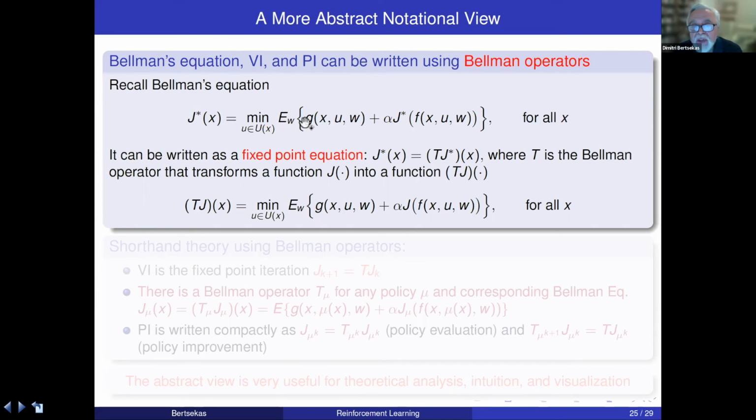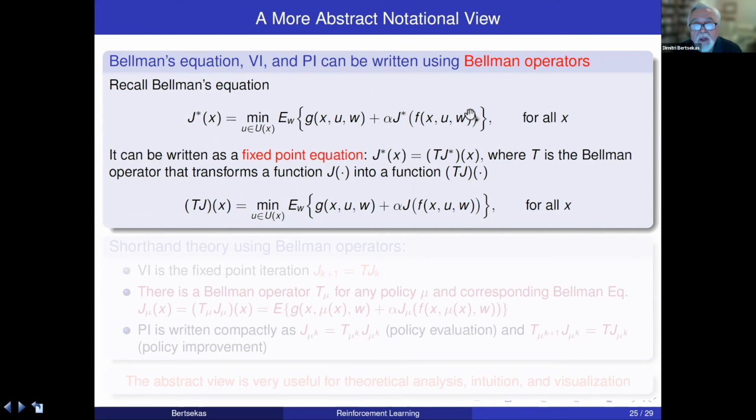So you can write this equation as a fixed point equation in the following form, where T is the Bellman operator that transforms a function J into a function T sub J. And it has this form. You plug in J here, you get a T sub J, a function of x. And it's an operator, and you can view it as a subroutine, okay? You feed it some input and there's some output that comes here.